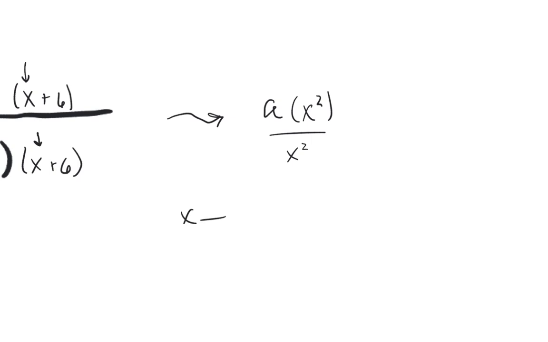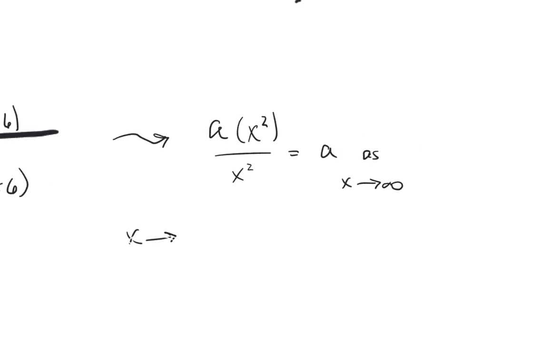So this is just going to become a as x approaches infinity, which means, if you remember, we wanted a limit of negative 2, so a is going to be equal to negative 2.